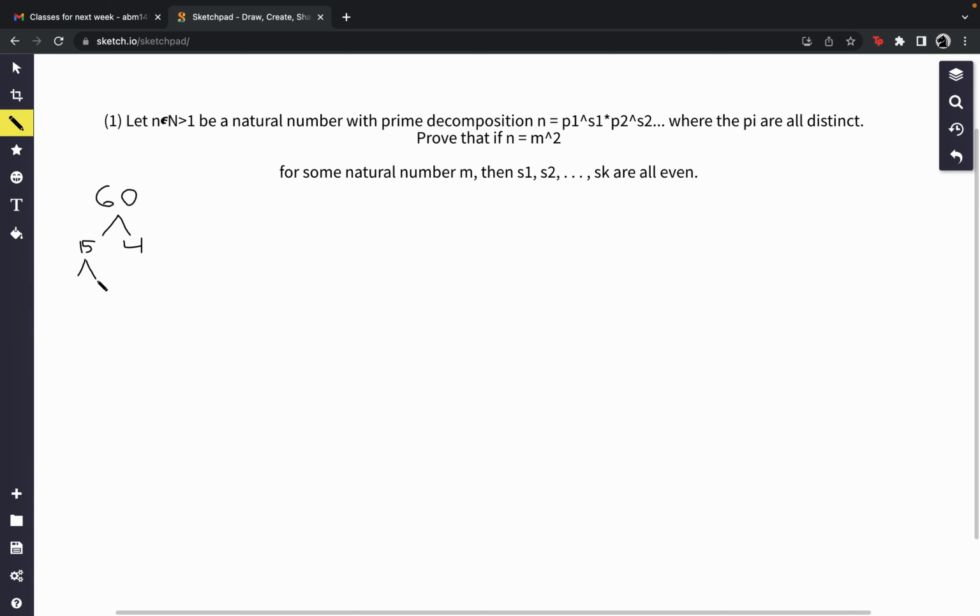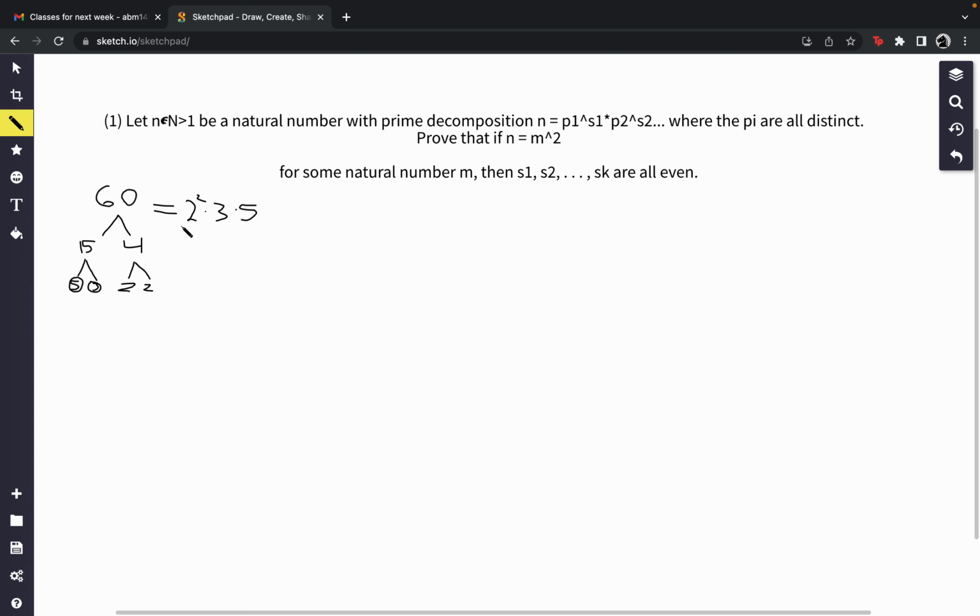This breaks into 5 and 3. That's the only way to break down 15. And we could circle these because they're prime. We're going for the most basic units here, which are our prime units. This breaks into 2 and 2. So we end up with 60 is equal to 2 squared times 3 times 5.